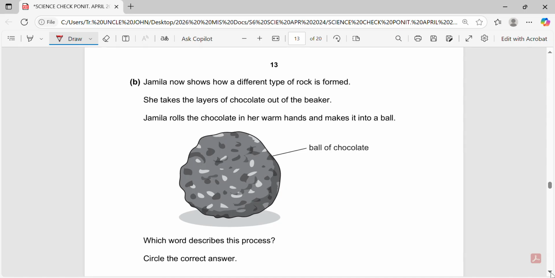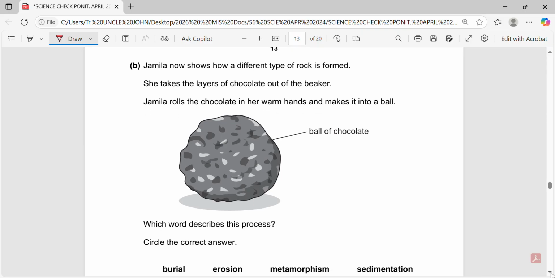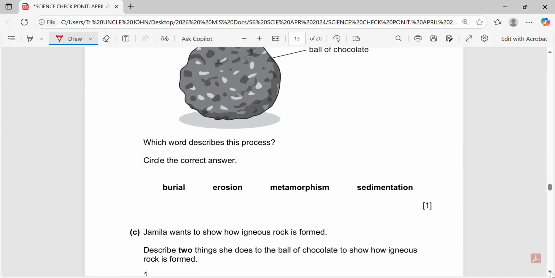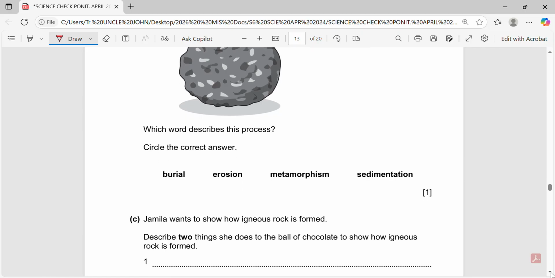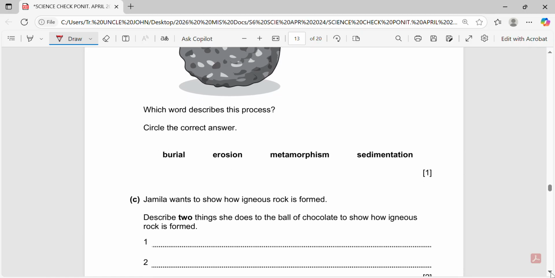Jamila now shows how a different type of rock is formed. She takes the layers of chocolate out of the beaker. Jamila rolls the chocolate in her warm hands and makes it into a ball. This is the ball of chocolate, as you can see. Which word describes this process? Circle the correct answer. We have barrier, erosion, metamorphism, and sedimentation. The answer is supposed to be metamorphism. You circle metamorphism.